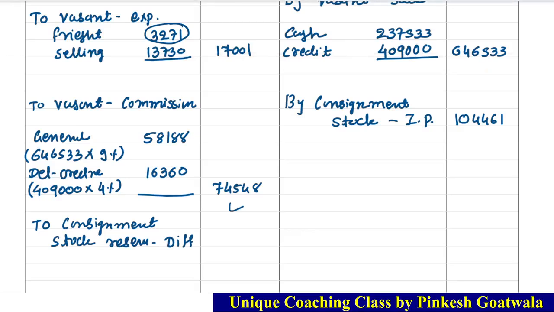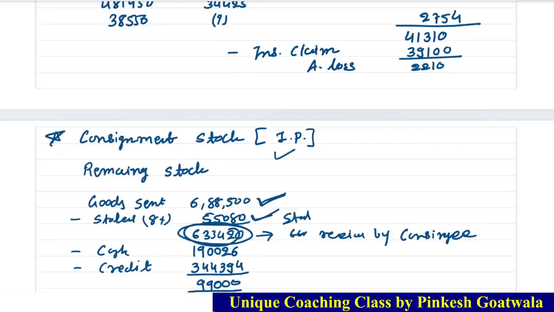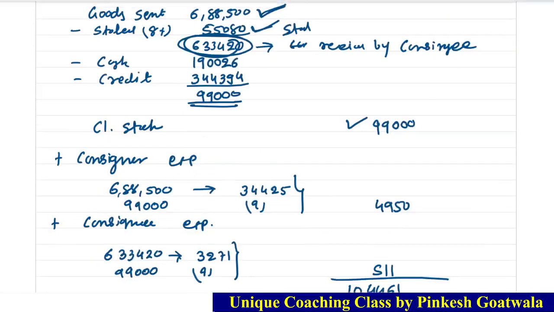Remember how much stock we have. The value of the stock is 99,000, the remaining stock at invoice price. But we have to find the difference.